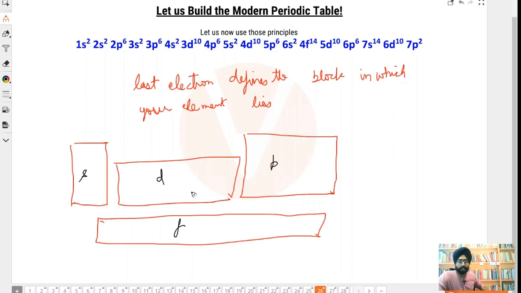So let's say your last electron goes into the S orbital. I believe the audio is back. What is the electronic configuration of sodium, people?